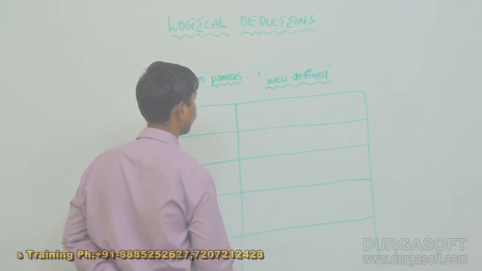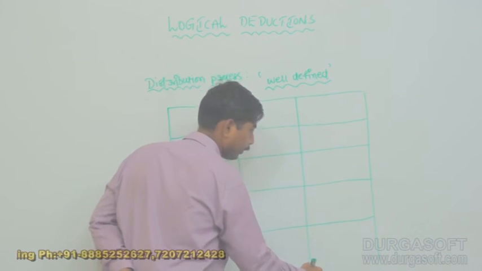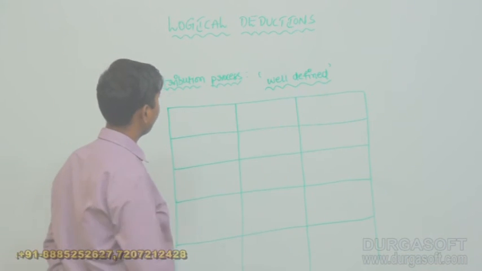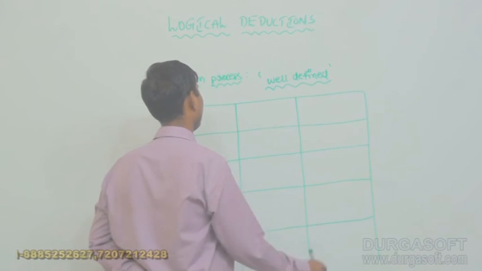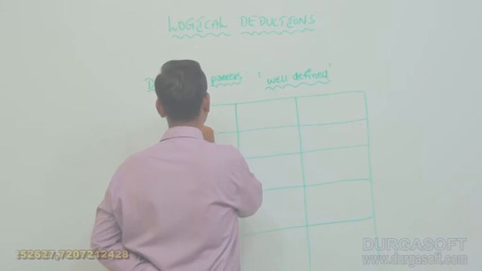Statements, subject and predicate, should be written where? Now you should write it here.